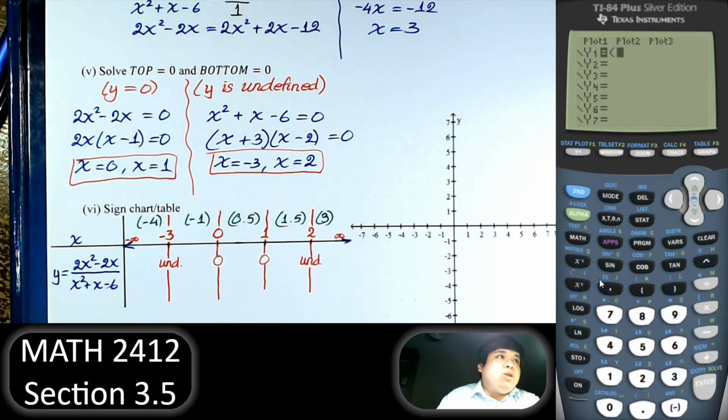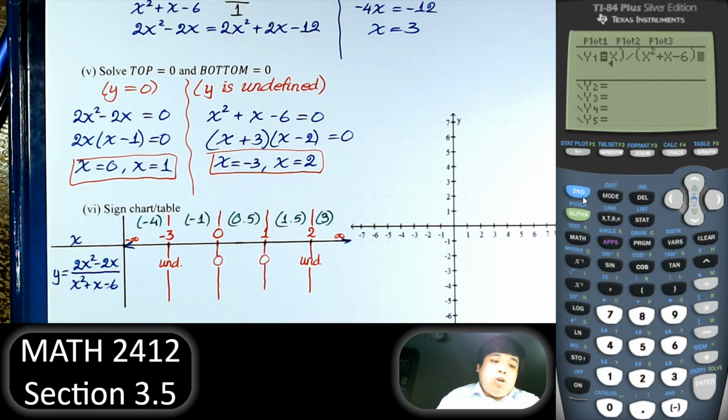Right, so we have 2x squared minus 2x divided by x squared plus x minus 6.